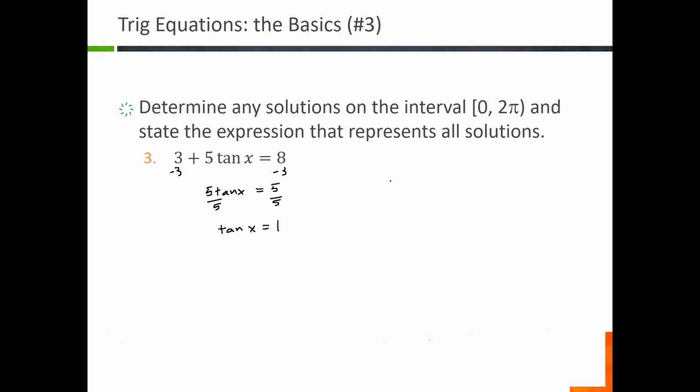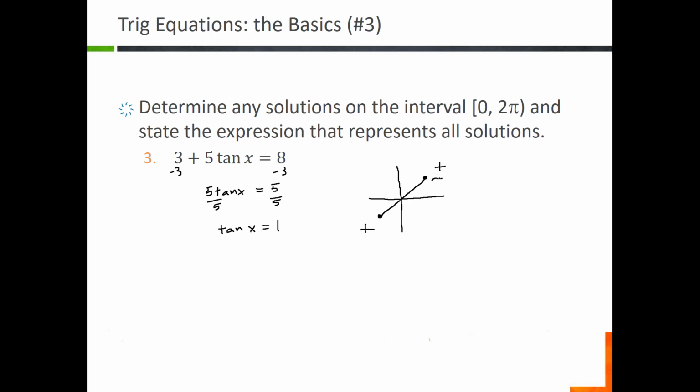And so now we want to think in terms of the unit circle. So we want to know, when is tangent equal to 1? Well, we know tangent's positive in the first and the third quadrants. Since we have a positive 1, we want it to be positive. And remember, tangent is y over x, and so we want the points where the y and the x coordinates are the same.